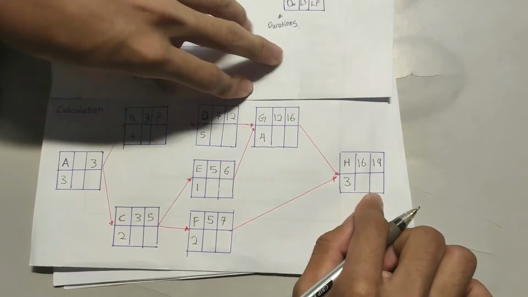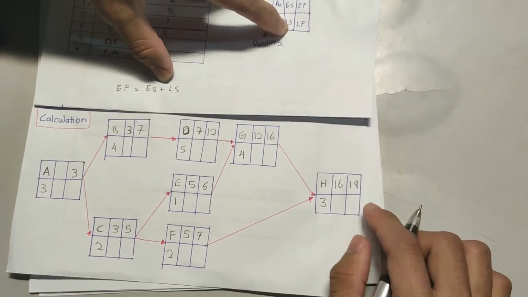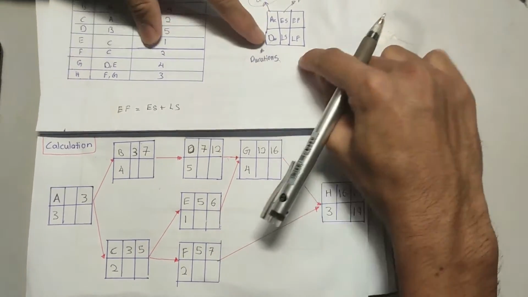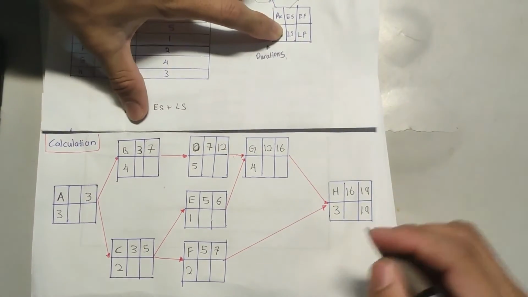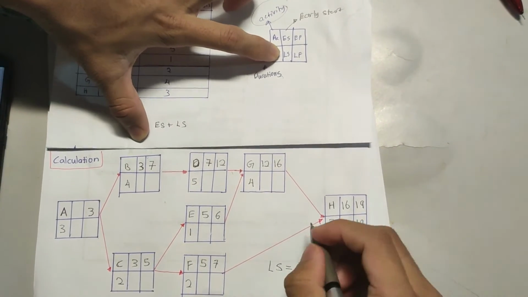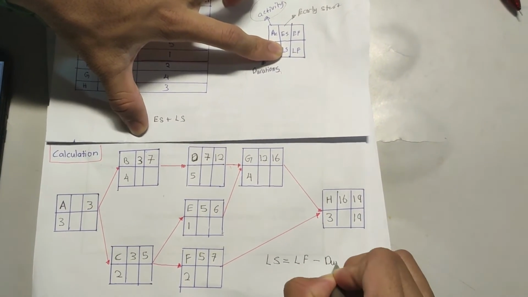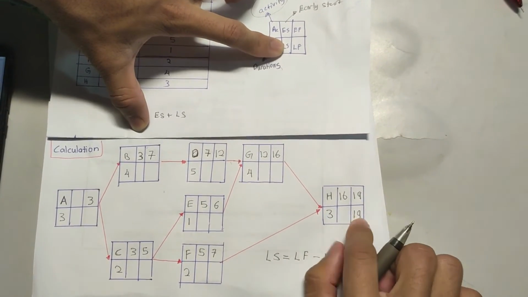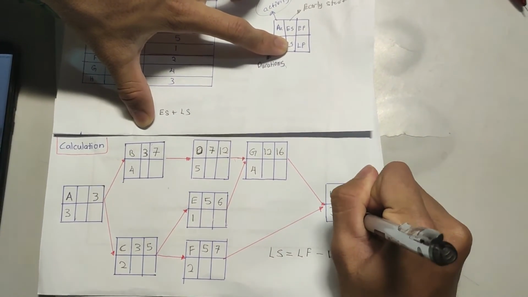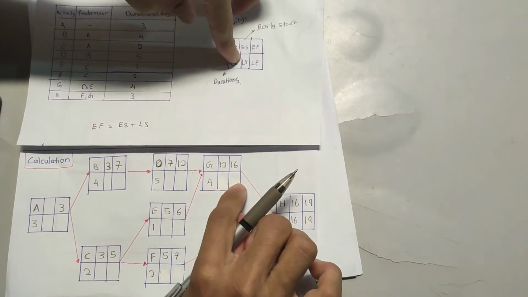Okay, now we must find the late start and late finish. The late finish is 19. We want to find LS. To find it, LF minus duration. Now 19 minus 3 is 16. Now we must find the LF first.